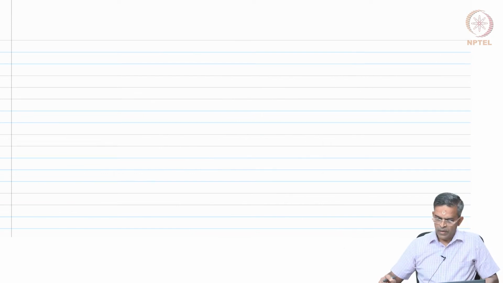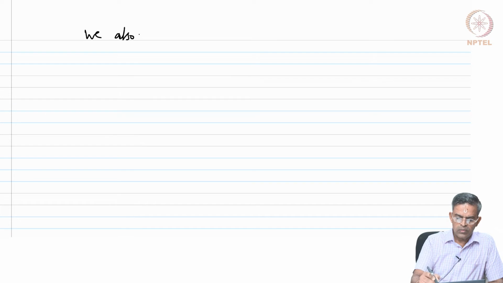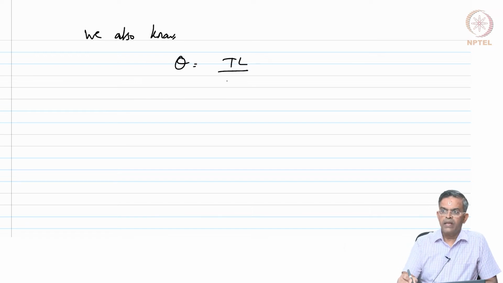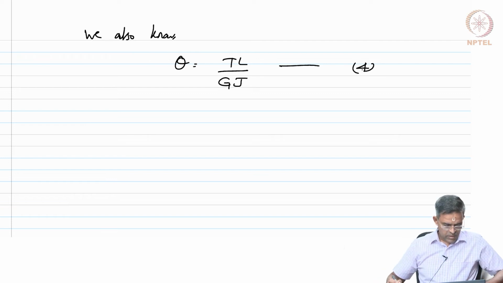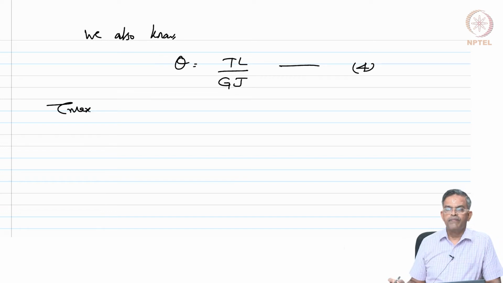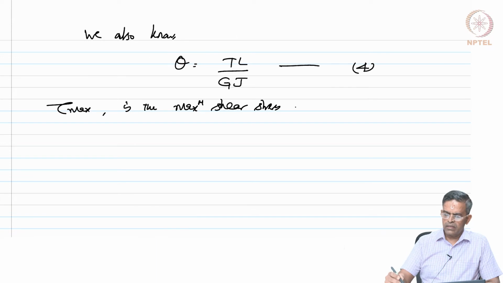Okay. Having said this, we also know that theta will be TL by G J, which can be written from the simplification. Now, tau max in this expression is the maximum shear stress at the circumference.